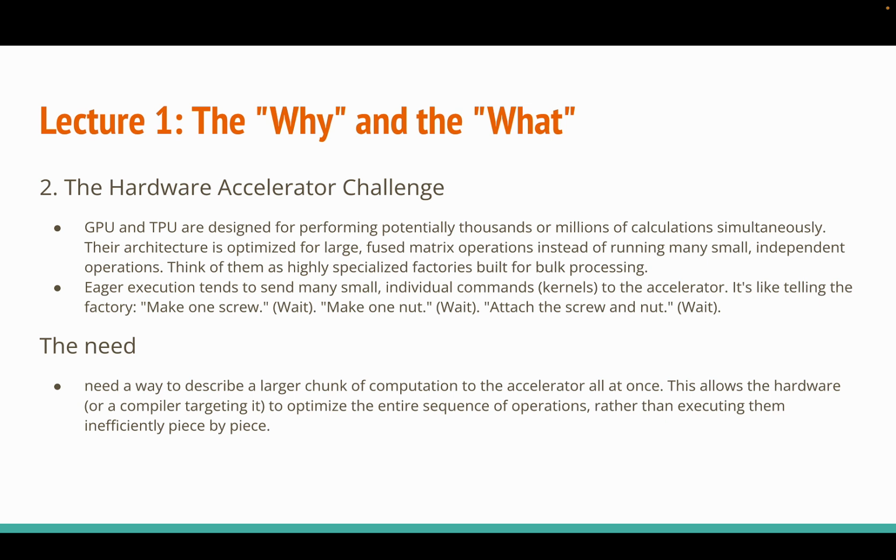The power of the accelerators might end up just waiting for the next small command, failing to reach its peak computation throughput. So what we need is a way to describe a large chunk of computations to the accelerators all at once. This allows the hardware accelerators to optimize the entire sequence of operations rather than execute them inefficiently piece by piece.